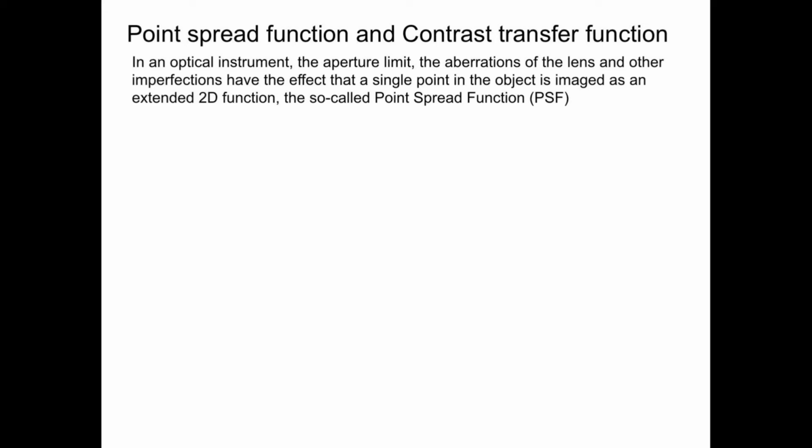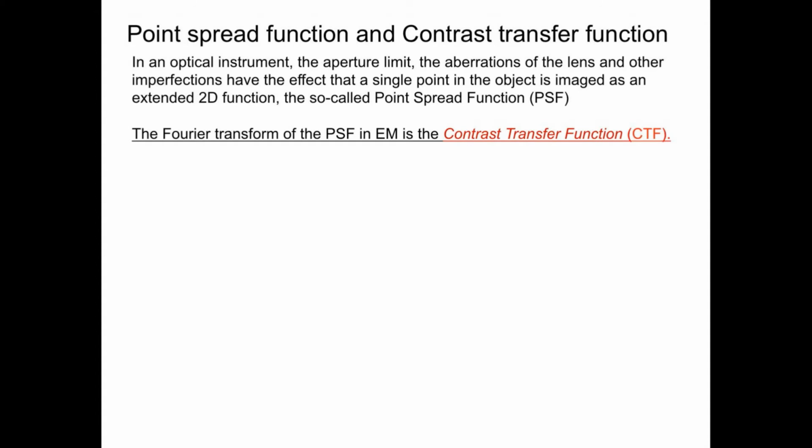So the point spread function can be used to characterize the instrument, and the Fourier transform of the point spread function in electron microscopy is the contrast transfer function.